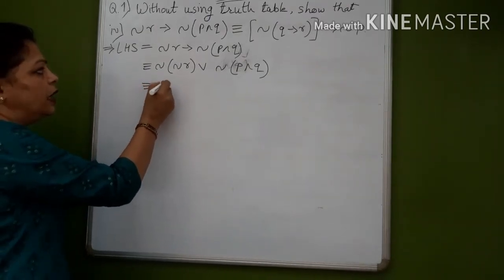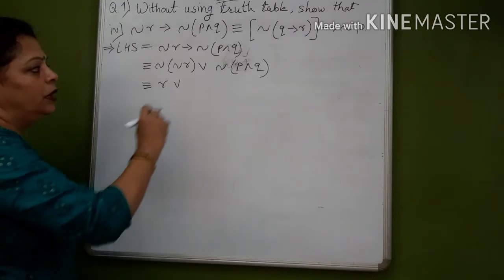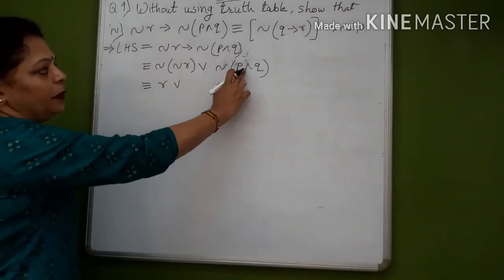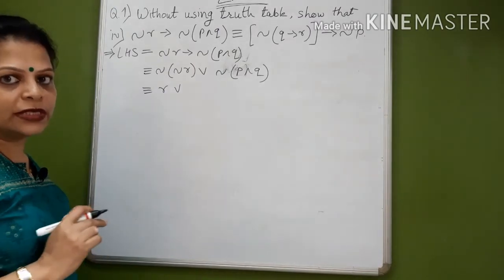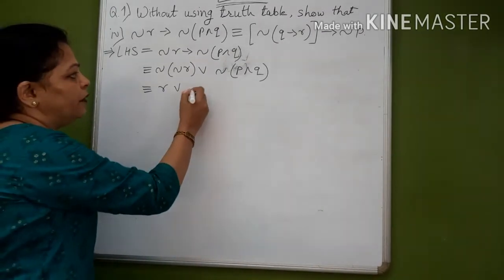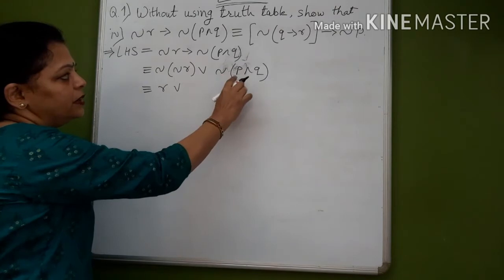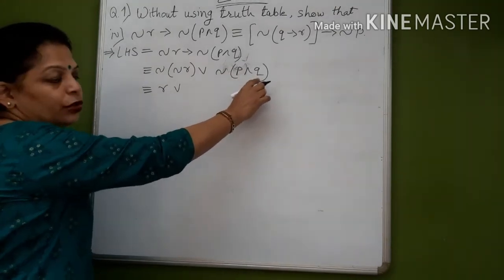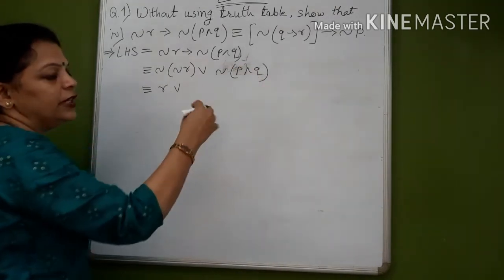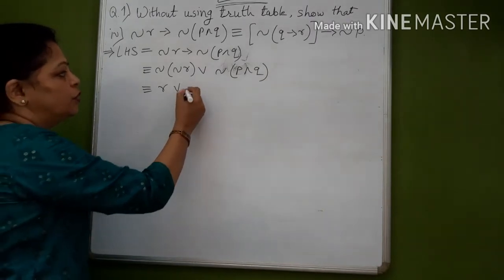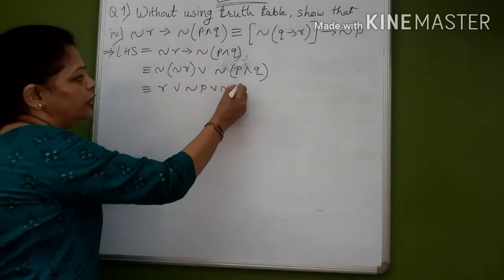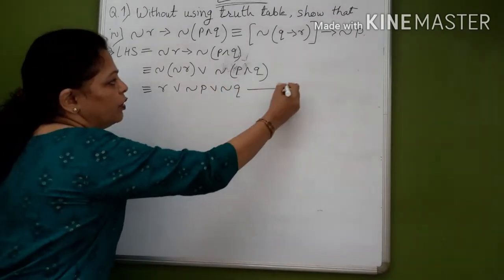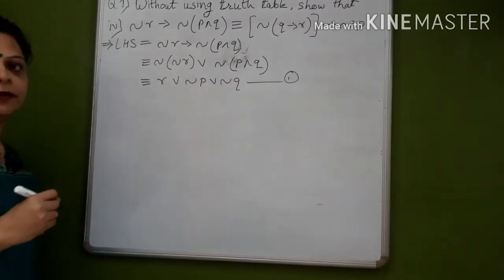So we write R or negation of P and Q. What is negation of P and Q? De Morgan's law will have to apply. So that will be equal to, this negation sign goes to P as well as to Q, and this and sign will change to or. So you get negation P or negation Q. This is your first statement.